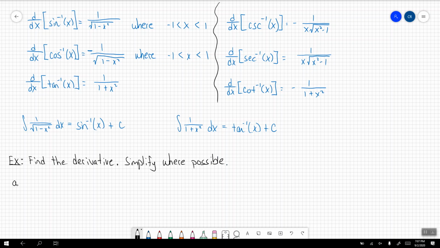Part A. So this is the first example. We're going to work with g of x is equal to cosine inverse of the square root of x.